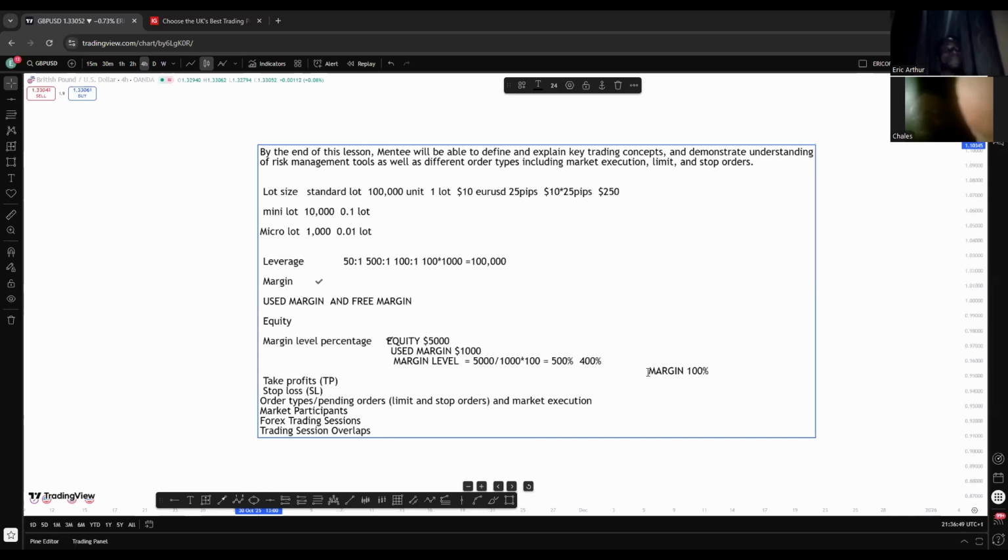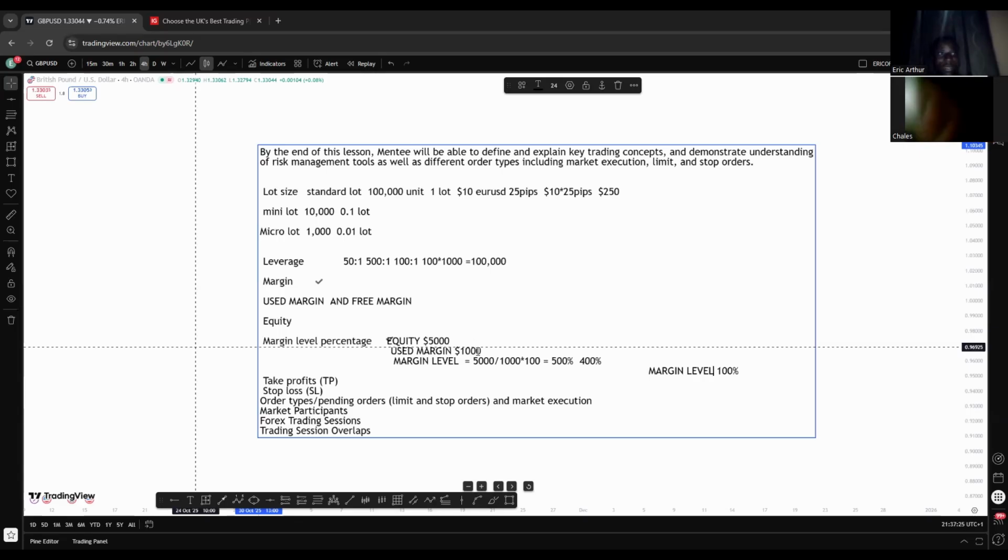Okay, basically when the margin level is 100%, that means your equity is equal to your used margin, the margin that they requested.